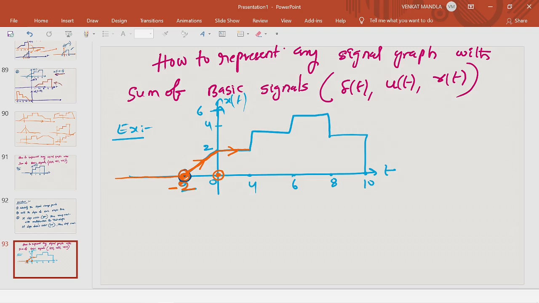Next, at t equal to 4, it changes to some vertical line, a signal changing point. From 4 to 6 it is constant, at exactly t equal to 6 it changes to some vertical line. Again it is constant up to 8, and changes downwards, constant up to 10, and again it changes downwards to 0.